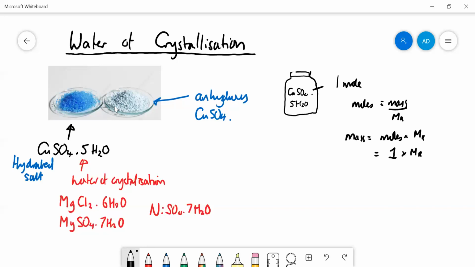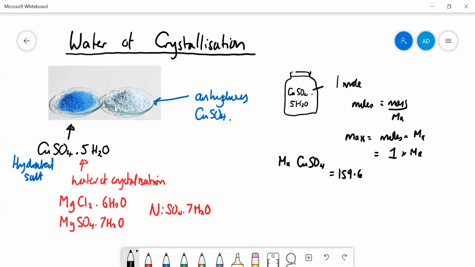So if I worked out the Mr of copper sulfate, well, it's 63.5 for the copper, plus 32.1 for the sulfur, and then 4 times 16, which is 64, that is 159.6.